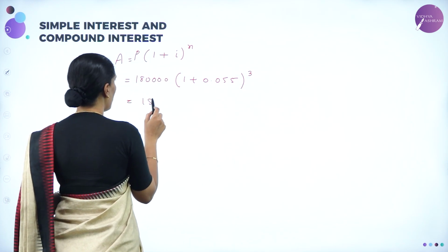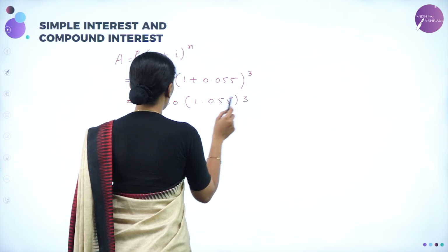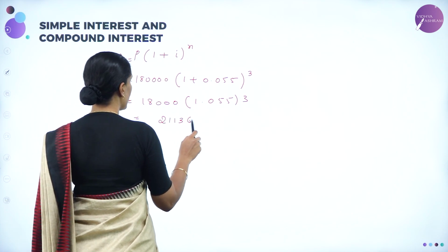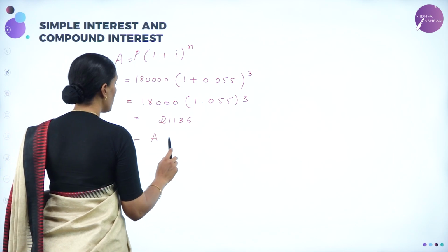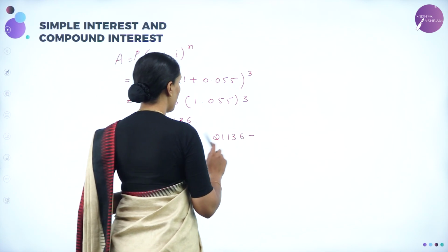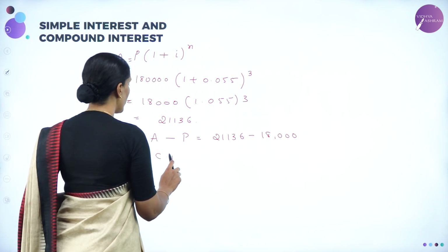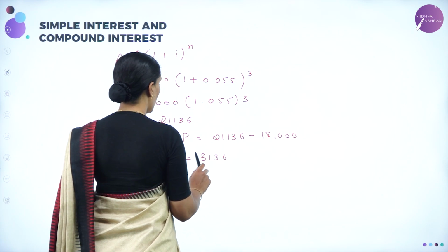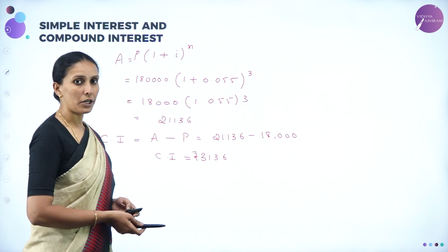When you multiply 18,000 with 1.055 whole cube, the final value will be equal to 21,136 rupees. Now to calculate the compound interest, it is always amount minus principal. So amount we got as 21,136 minus principal 18,000. Therefore, the compound interest is equal to 3,136 rupees. So this is the interest which he got after giving it to Akash.